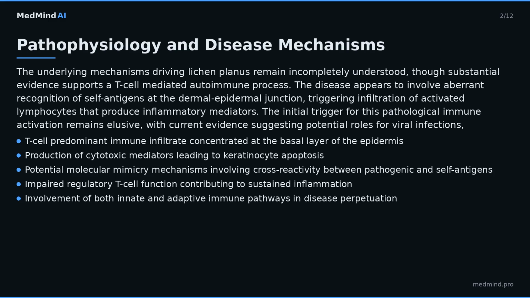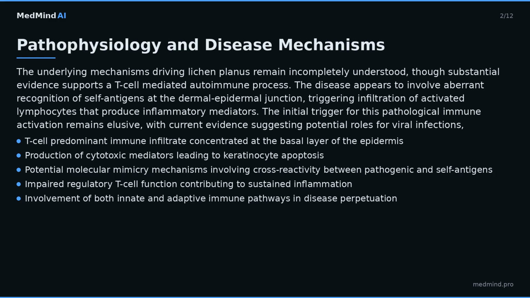Pathophysiology and disease mechanisms. The underlying mechanisms driving lichen planus remain incompletely understood, though substantial evidence supports a T-cell-mediated autoimmune process. The disease appears to involve aberrant recognition of self-antigens at the dermal-epidermal junction, triggering infiltration of activated lymphocytes that produce inflammatory mediators.